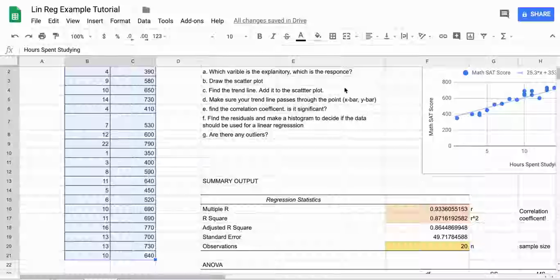All right, so let's try that. So we're going to see when I plug in 9.45, will I get back something close to 592.5. So we're going to say this equals 353.2 plus 25.326 times, and now I'm going to click on that and I'm going to hit that. And so there we go.